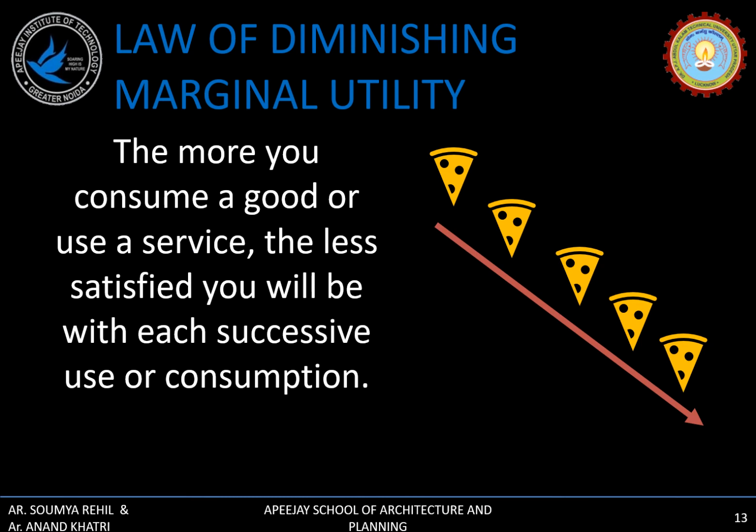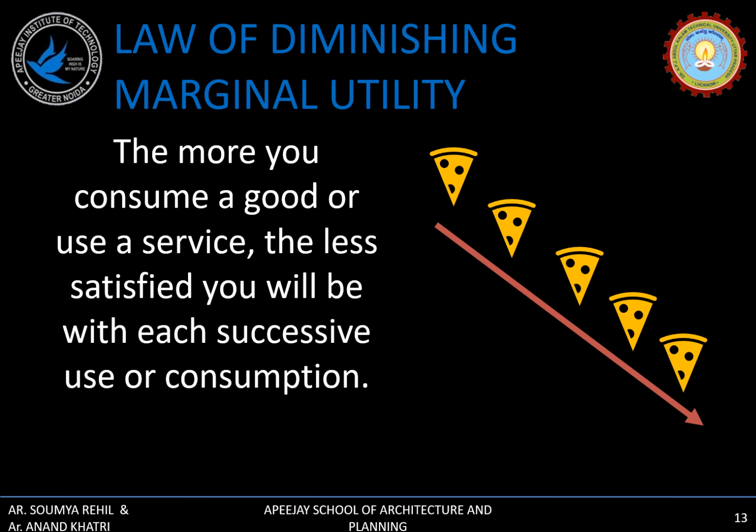Law of diminishing marginal utility. This law states that the more you consume a good or use a service, the less satisfied you will be with each successive use or consumption.